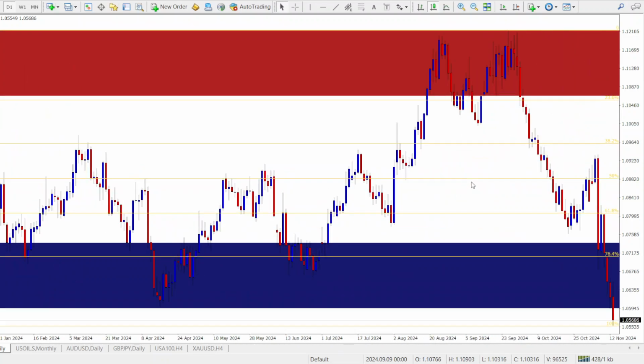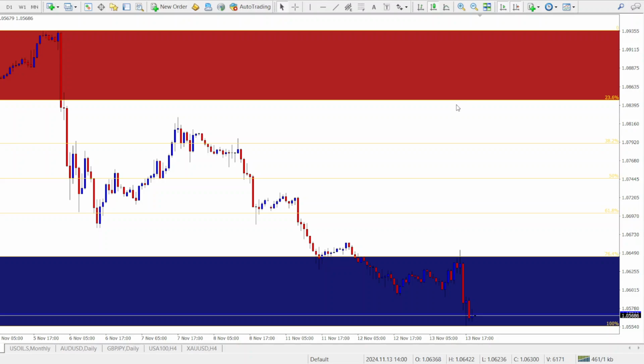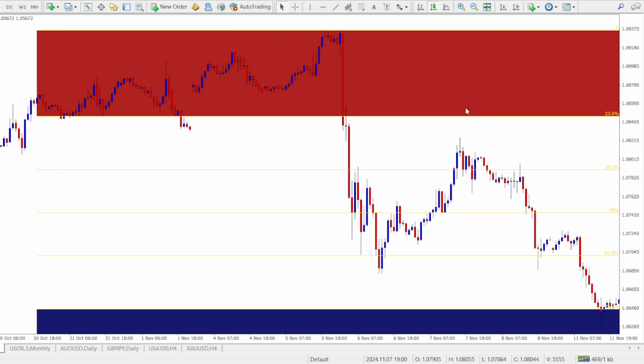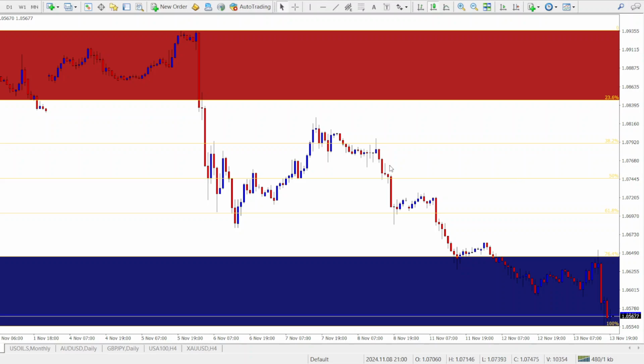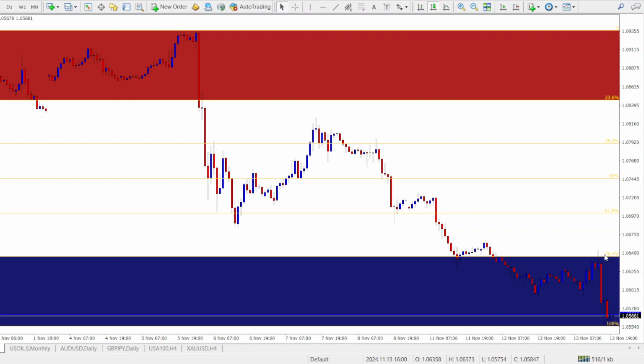All right, so depending on the time frame, it's going to give you information on the price movement of the currency pair within a specific range.